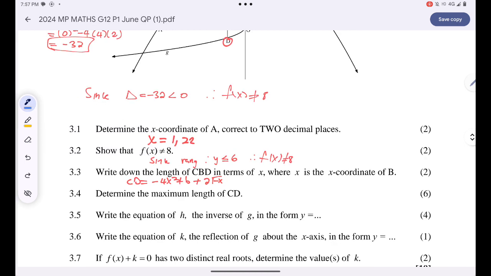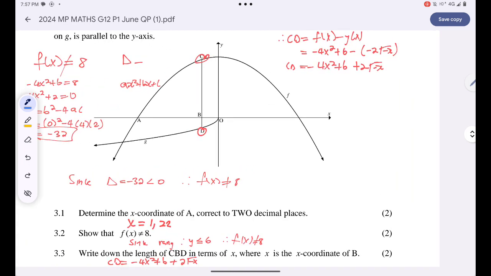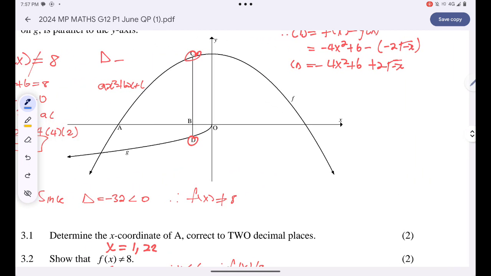And then now they want us to calculate the maximum distance of CD. For us to find the maximum distance, we must first find the derivative of CD. Before we find the derivative, we must remove the square root over there, right? So we have negative 4x squared plus 6 plus 2 times negative x to the power of half.